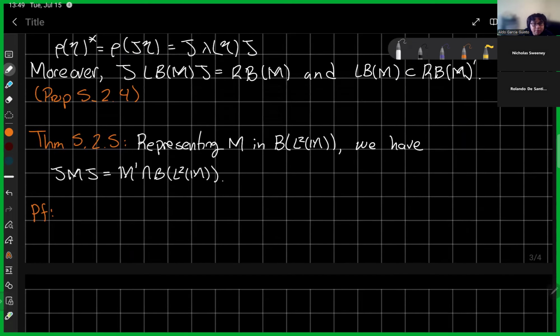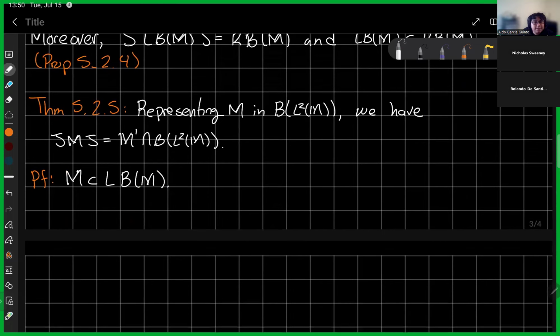Okay, so as we saw already, we have M is inside of L_B. We're going to show that the right-hand side — well, I'll just write it down.